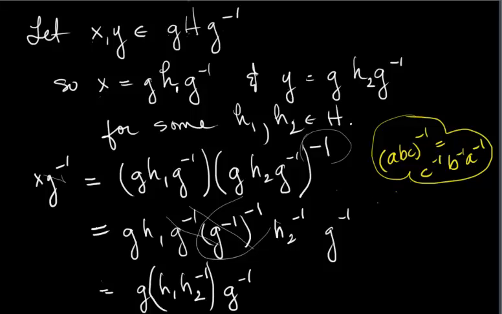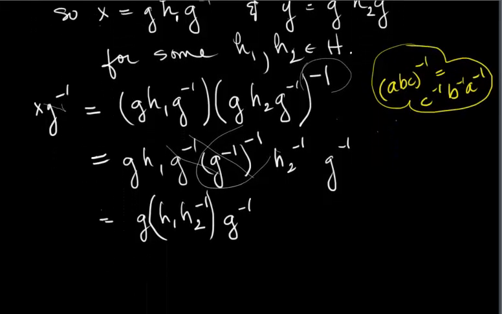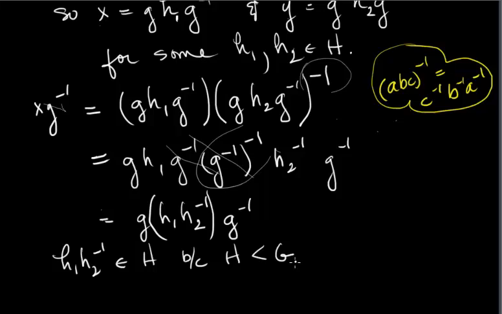And I see that I started with XY inverse, and indeed I got G times an element of H times G inverse. But we need to say that H1 H2 inverse is certainly an element of H, because H is a subgroup of G. And we said above that H1 and H2 were elements of H.